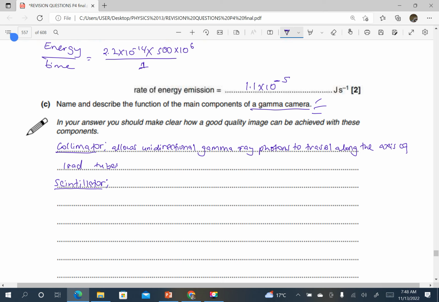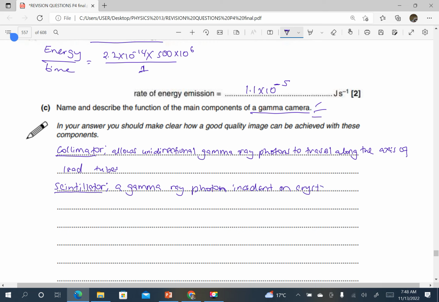So a gamma ray photon incident on the crystal produces many photons of visible light.